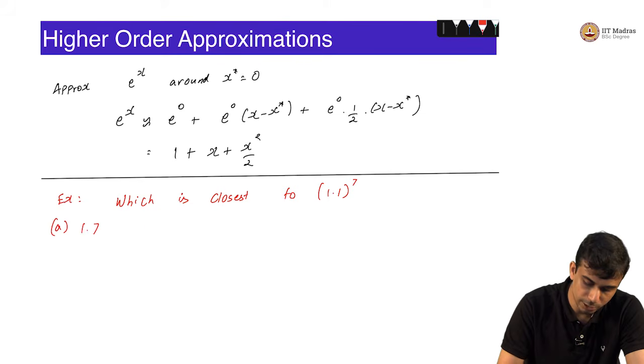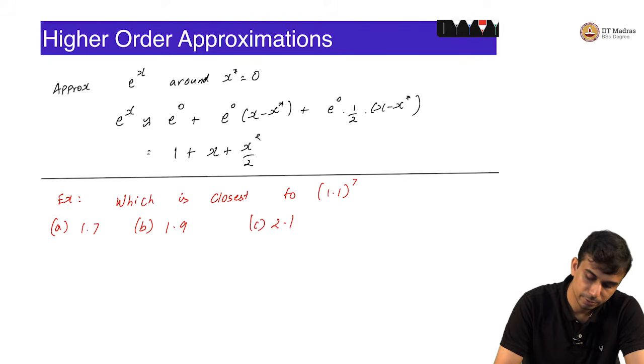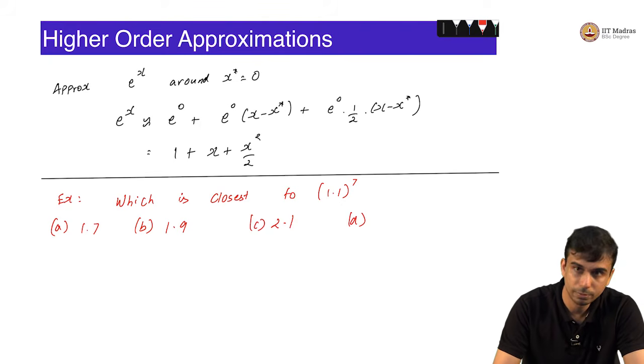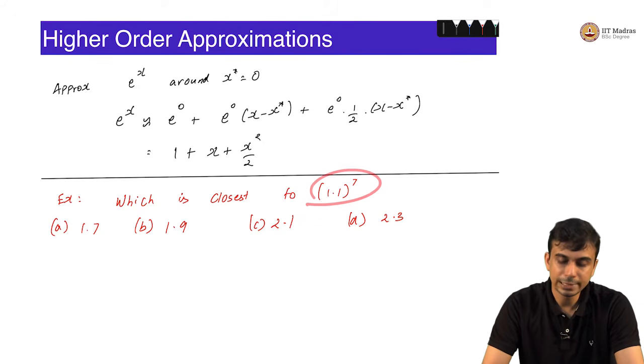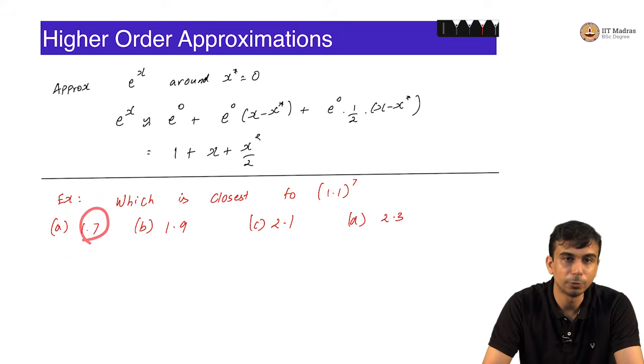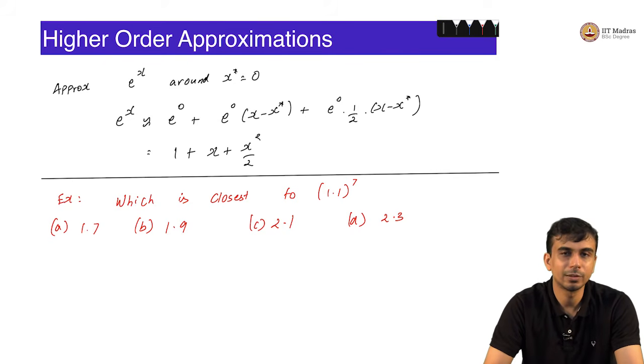The 4 options are 1.7, 1.9, 2.1 and 2.3. If you did a linear approximation, 1.1 power 7 is simply 1 plus 7 into 0.1, which is 1.7. That makes the compound interest, simple interest logic clear.